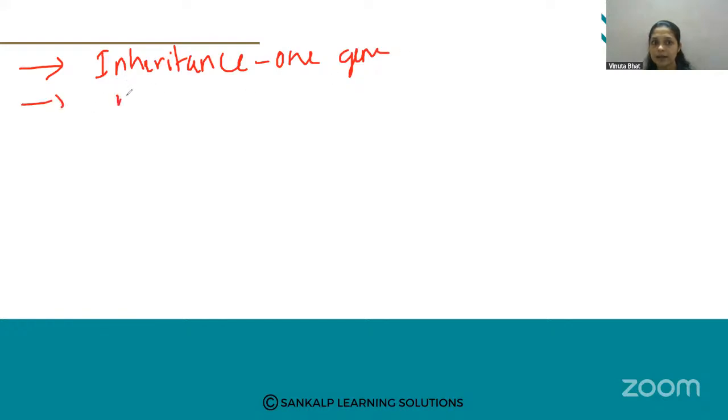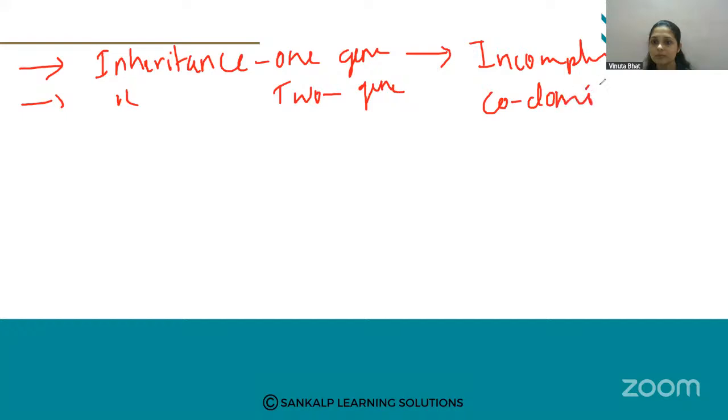Then inheritance of two genes, where the law of independent assortment is explained. Then exceptions like incomplete dominance, that is very important with example, and codominance, that is very important.